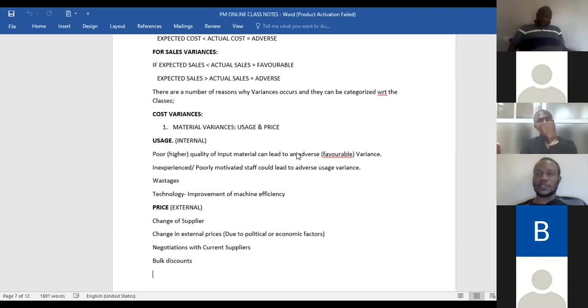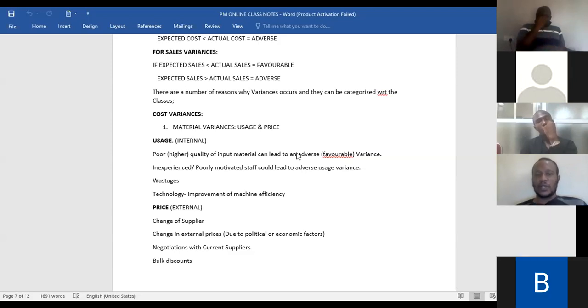However, the scenario will give you information, and if you get the understanding, then you'll be able to discuss. And why I wanted us to spend a significant portion of time at this beginning is that this will form the basis for the rest of what we will do. It will be important for you to at least be able to understand the causes of variances generally, so that in the scenario, you'll be able to apply the information to find out what has caused a variance.